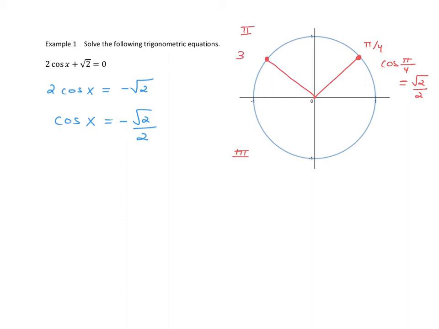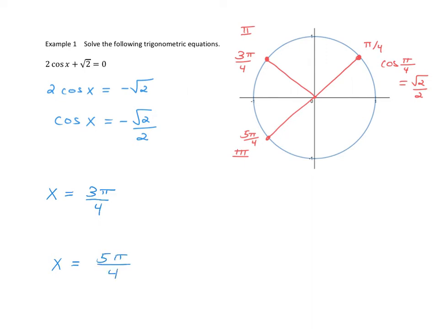The angle here would be 3 pi over 4, and also 5 pi over 4. So here are 2 angles. Not this one, but this angle and this angle make this thing a true statement, and therefore they make this a true statement as well. So I guess that's the solution. x is equal to 3 pi over 4, and also x is equal to 5 pi over 4.